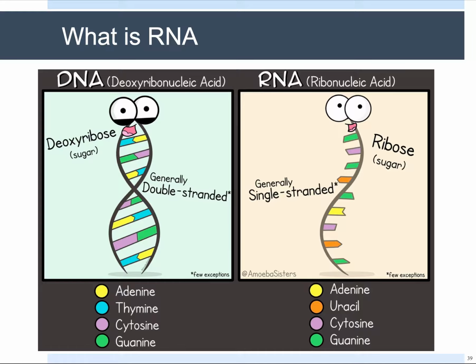And then for the structure, DNA is double-stranded generally, so it has two strands. RNA has only one strand. There is also a difference in the base pairs in terms of the nucleotides that are attached to the strands. Note that for all organisms, this backbone, either DNA or RNA, is the same.